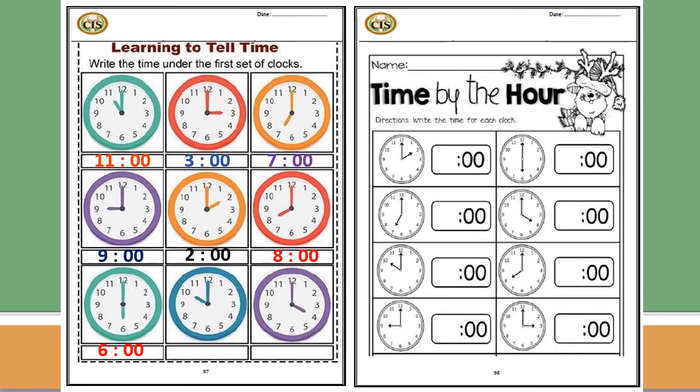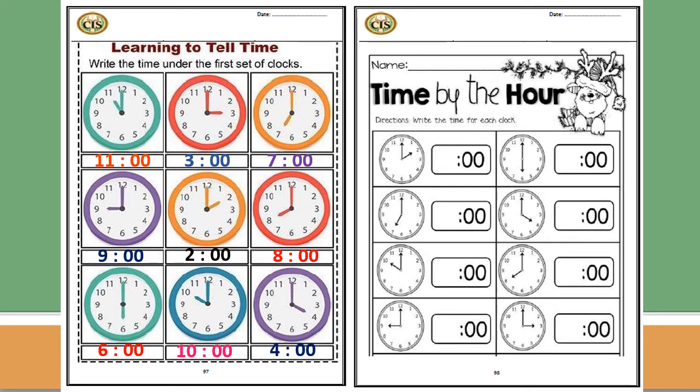Here, the short hand points to 10 and the long hand points to 12. It means 10:00. The last clock here, the short hand points to 4 and the long hand points to 12. In digital form, it means 4:00, 4 for hours, 00 for minutes.